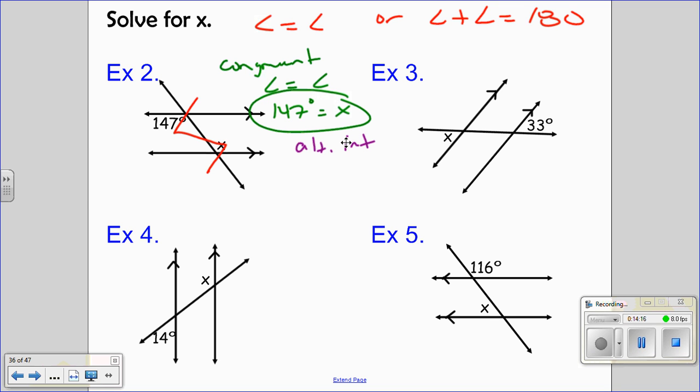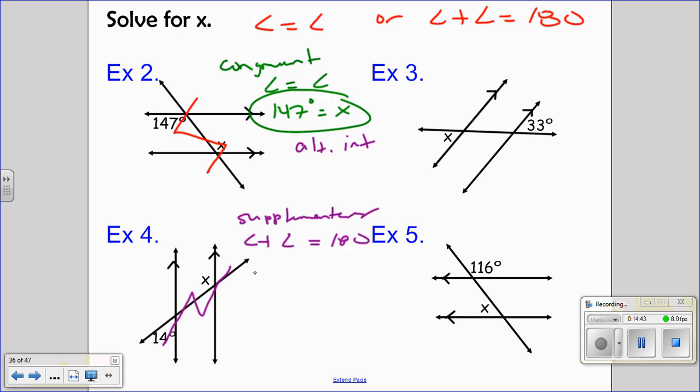Example 4. Let's zig and zag. Start at 14. Come across, go down, go back up. So they're not on the same path, so that means they are supplementary. In this situation, we're going to do angle plus angle equals 180.